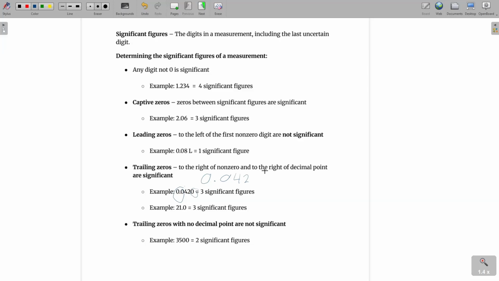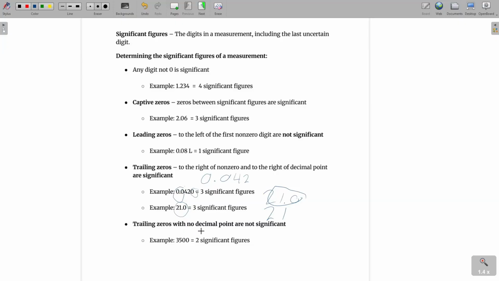It's supposed to be an exact measurement, and that's why that's a sig fig. Same thing here: it doesn't really matter the place. 21.0 is not the same as just 21. This is supposed to be more of an exact measurement, so those are considered sig figs.